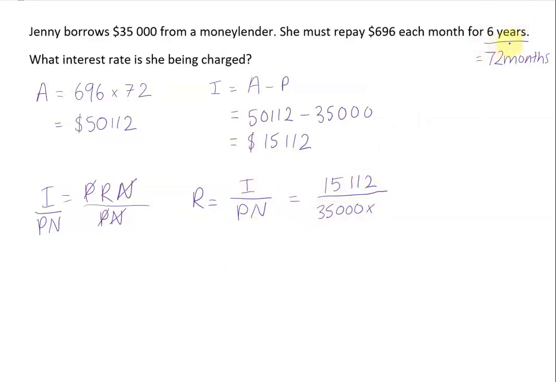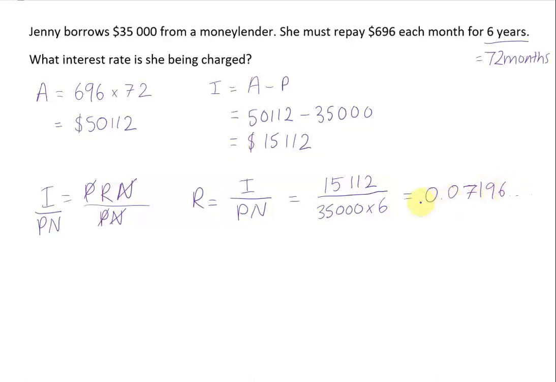Well, it was 6 years being charged per annum, so 6 investment periods altogether. So if we perform this calculation, we find that the interest rate was 0.07196, and so on, a few more decimal places.